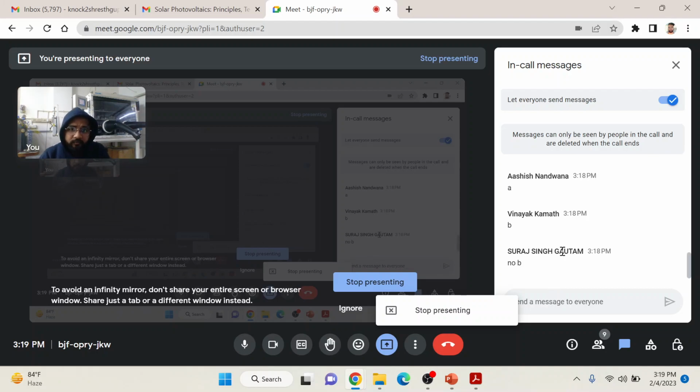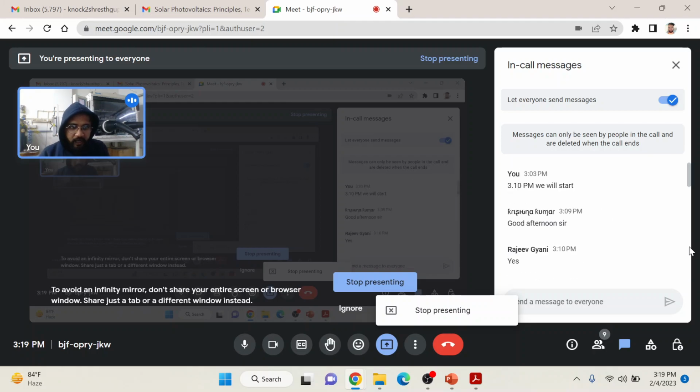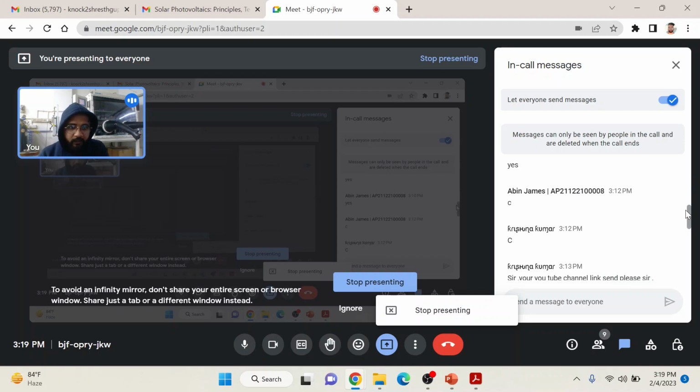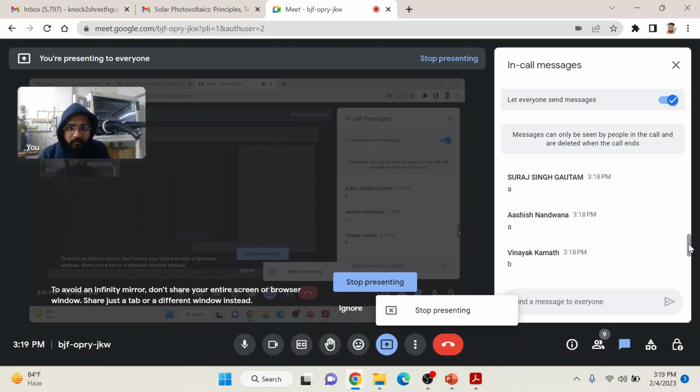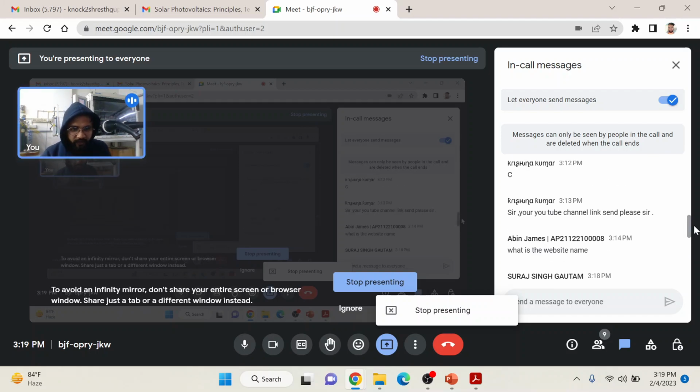Suraj said B. Yeah, for winter it is minus, correct. Good. Winter was actually the selling point of this question, we have to understand the difference between winter solstice and summer solstice. Vinayak said B, Rajiv said B, and others. Ashish said A, and yes it's B because in the question paper I think it was for the summer. In the assignment it was summer. Okay. Suraj said A. Okay, fine.